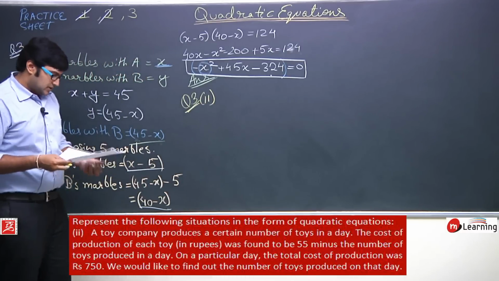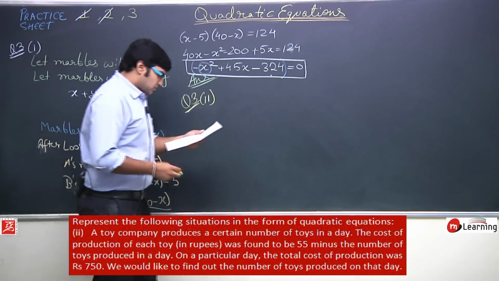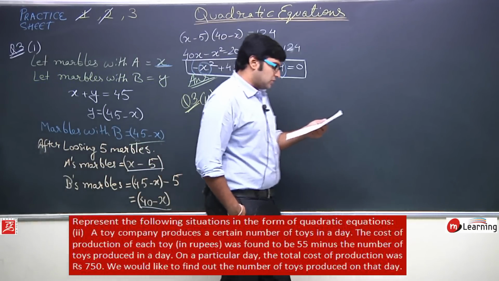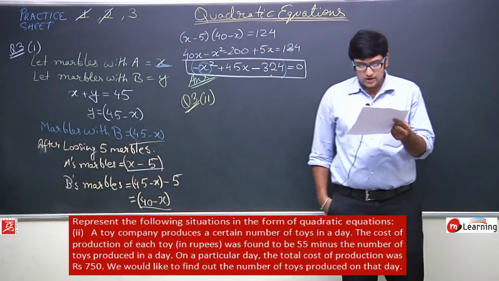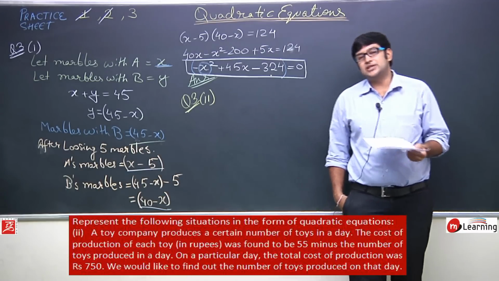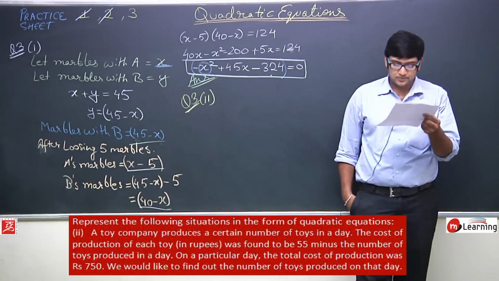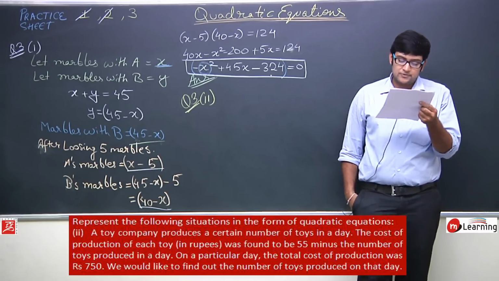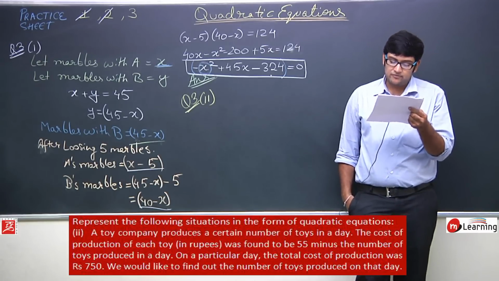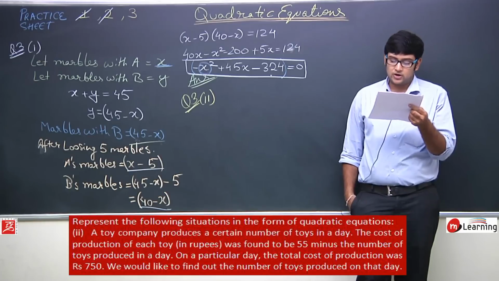Second part is: a toy company produces a certain number of toys in a day. So there is a toy company which produces some number of toys in a day. The cost of production of each toy was found to be 55 minus number of toys produced.